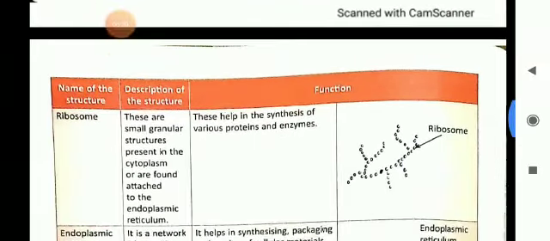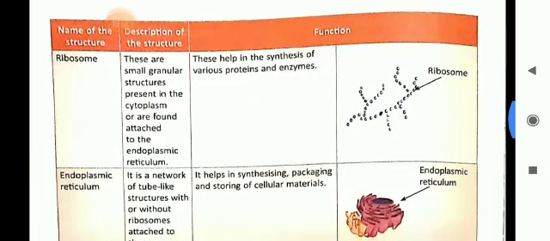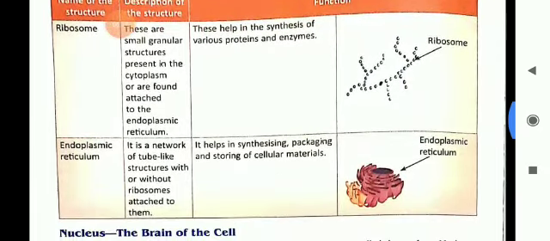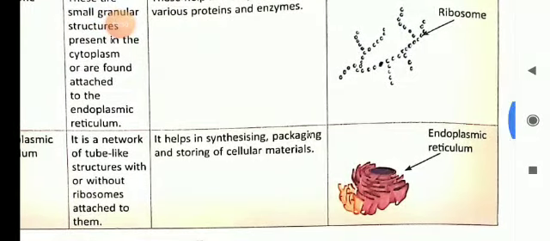Next, ribosome. Ribosomes are small granular structures present in the cytoplasm or found attached to the endoplasmic reticulum. Endoplasmic reticulum is a network of tube-like structures with or without ribosomes, and it helps in synthesizing, packaging, and storing of cellular materials.